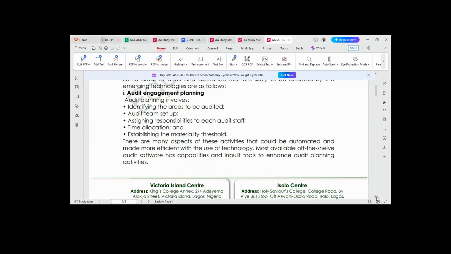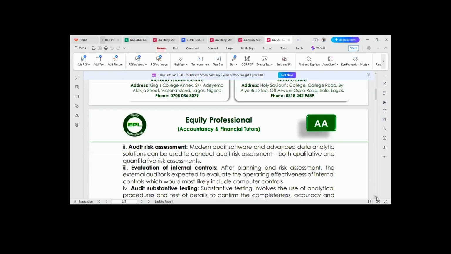All of these have assisted in making it easy to conduct audit.